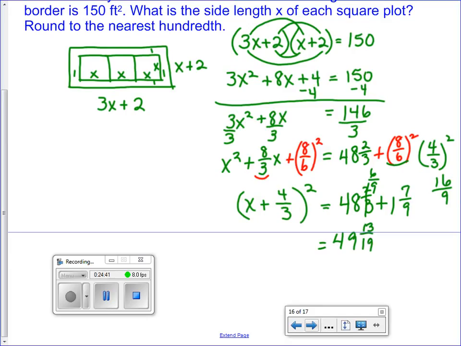Let's go ahead and change that. We'll take out 1 whole, which would make 50, and taking out 9 ninths would leave us with 4 ninths here.